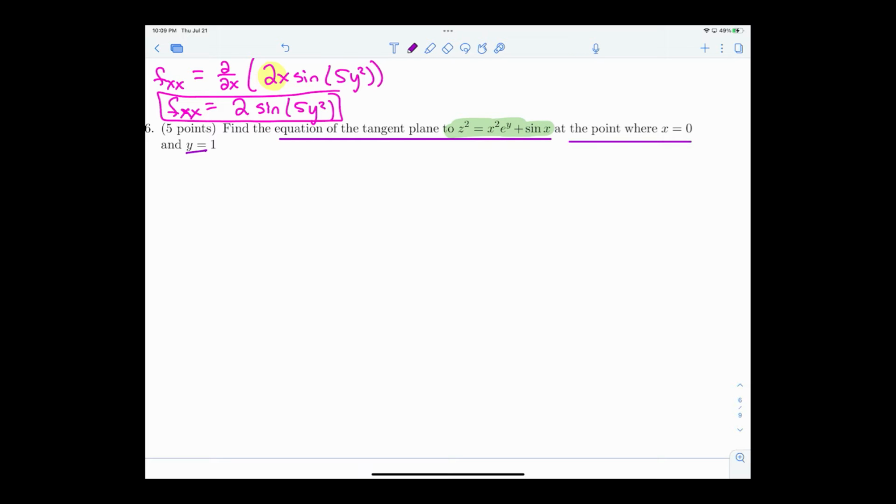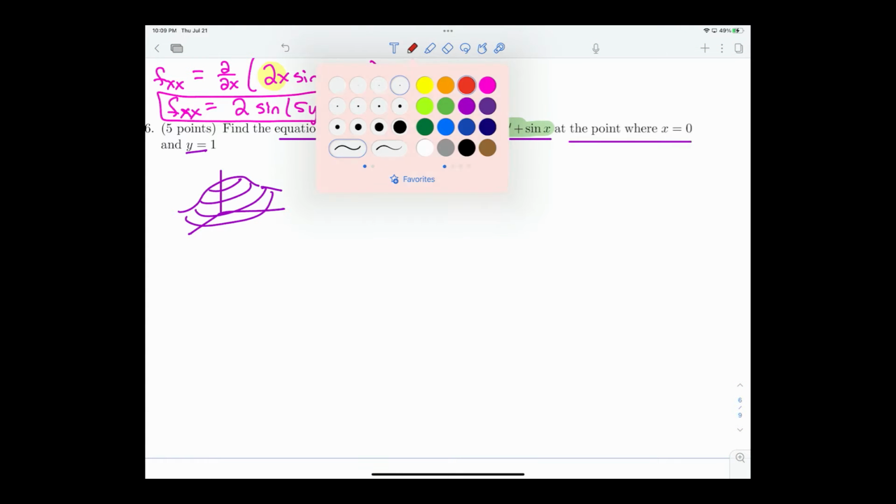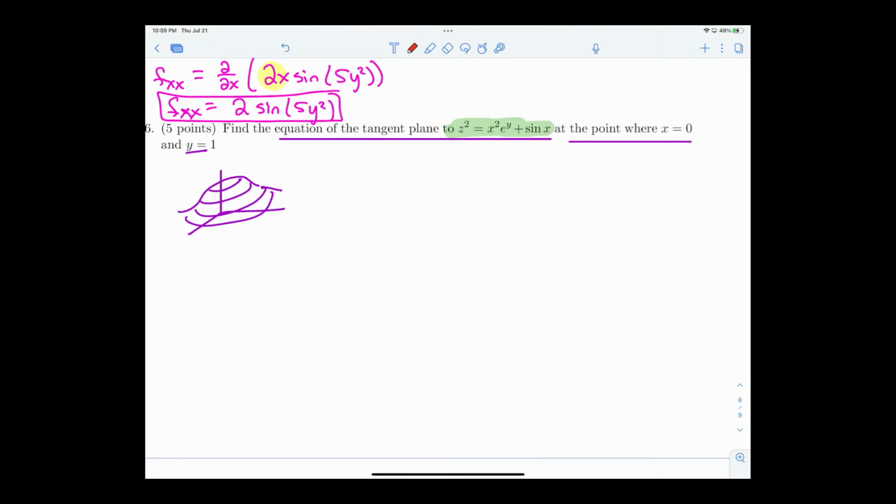So in order to find the equation of a plane, we need a point and we need a direction, a normal to the plane, right? So the deal is that you've got a generic 3D graph here, a generic surface, and somewhere on this surface is a point.